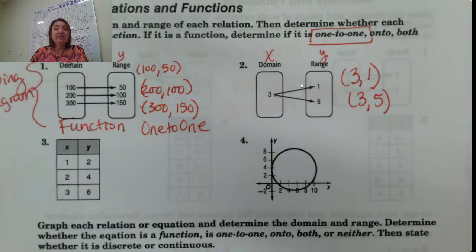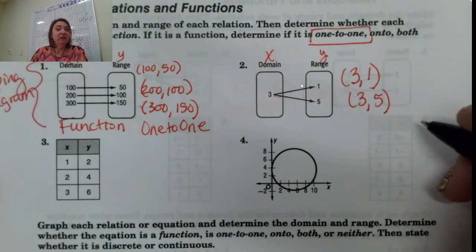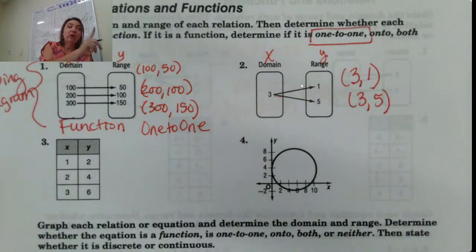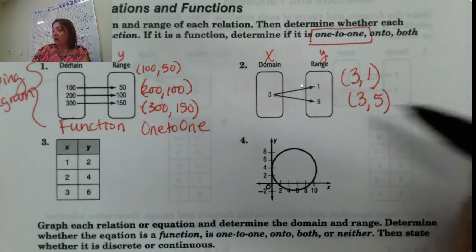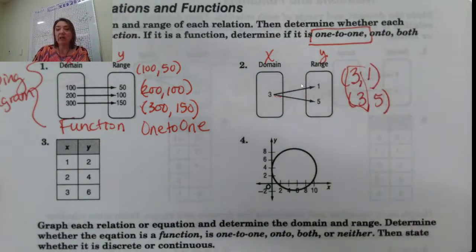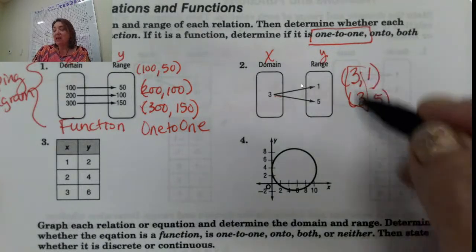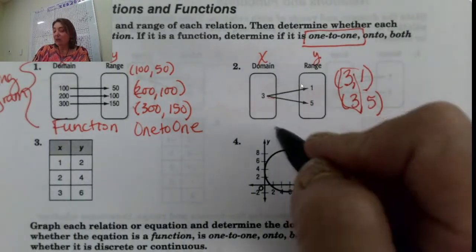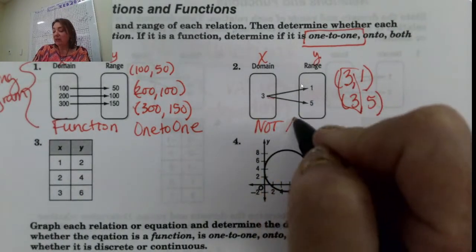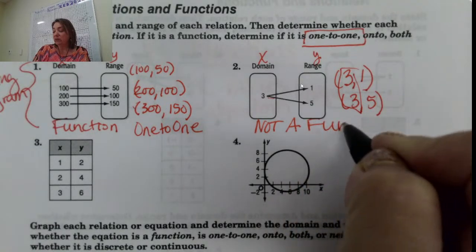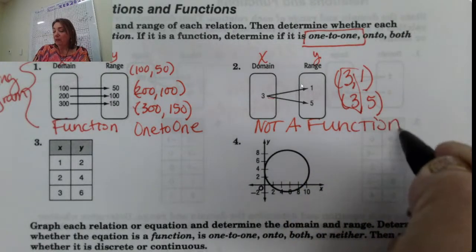No. This is not a function. Why is this not a function? For it to be a function, all your x's have to be different. And see how we have the same x in both of those right there? Since the x's are the same, this is not a function.